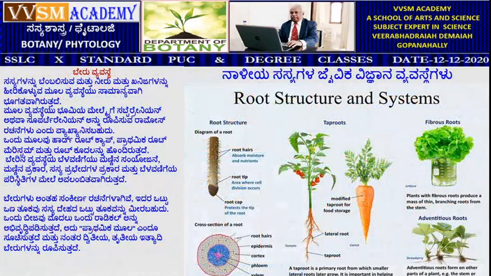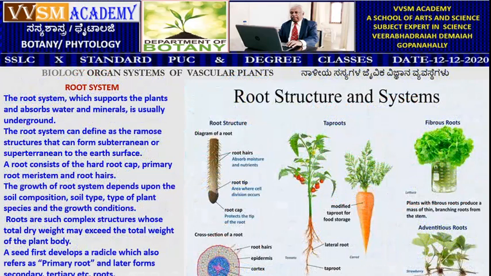See, my dear friends, the root system which supports the plants and absorbs water and minerals is usually underground, that is beneath the earth. The root system can be defined as the run of structures that can form subterranean or superterranean to the earth's surface. A root consists of the hard root cap, primary root meristem, and root hairs. The growth of the root system depends upon the soil composition, soil type, type of plant species, and growth conditions.